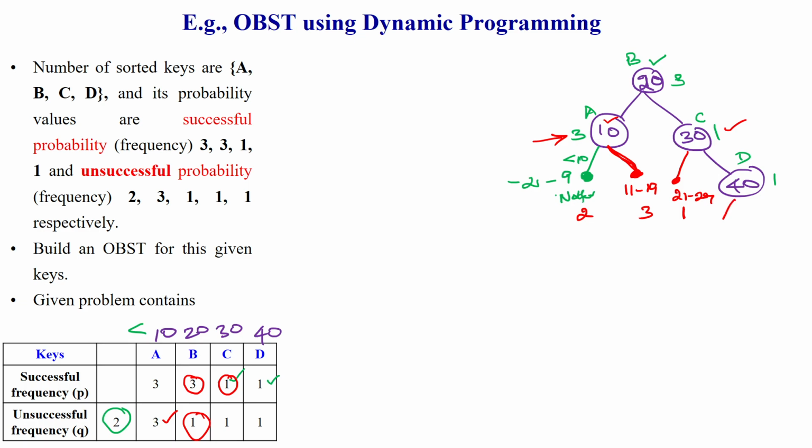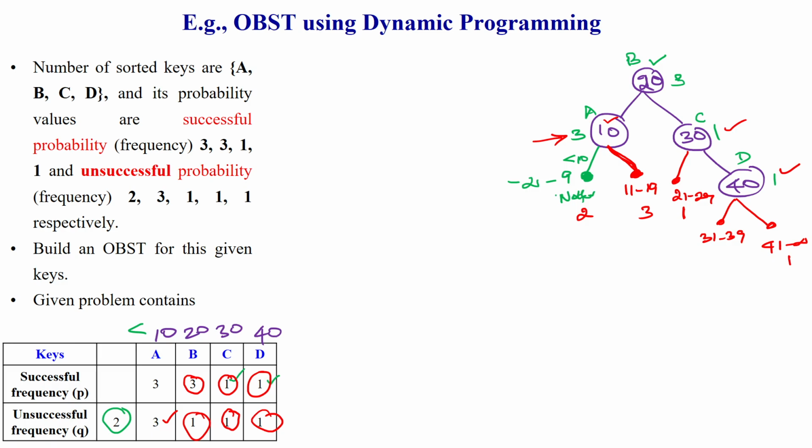Then 31 to 39 is an unsuccessful frequency, so for that we will give the value 1. Then for 40 we got the value 1, given here as successful frequency. Then 41 to infinity, these values are not available in my binary search tree, so the unsuccessful frequency is 1.